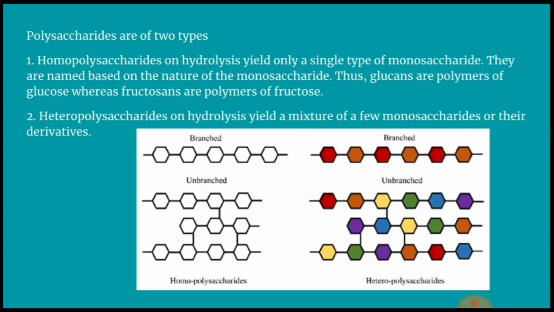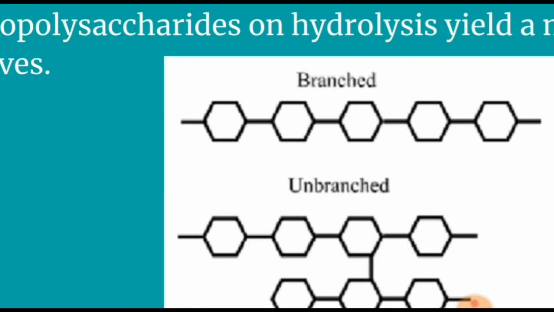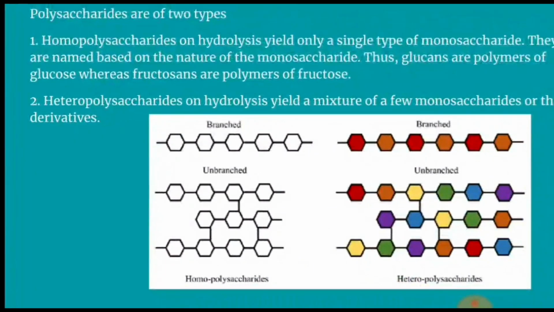Moving to the next classification of polysaccharides, which is homopolysaccharide and heteropolysaccharide. What is a homopolysaccharide? Its hydrolysis gives a single type of monosaccharide. You can see in the diagram, there is a black and white diagram over here, showing the branched and unbranched forms of homopolysaccharide. The whole chain will contain a single type of monosaccharide.